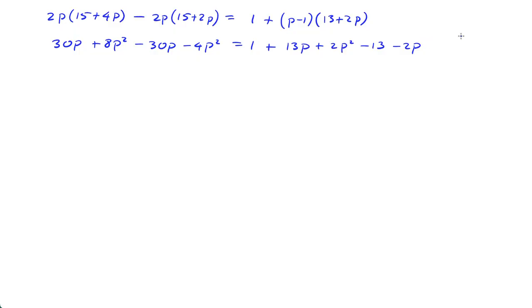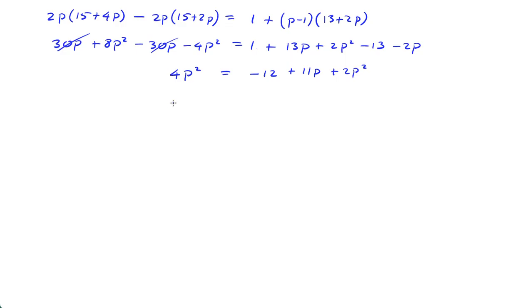Sorry, what am I doing? Minus 2P, that's not squared. Okay, these cancel nicely. This just becomes 4P squared. 1 minus 13 is minus 12. Minus 12, and 13P minus 2P is plus 11P, and this is just 2P squared.